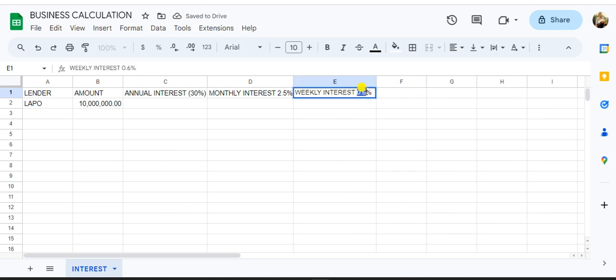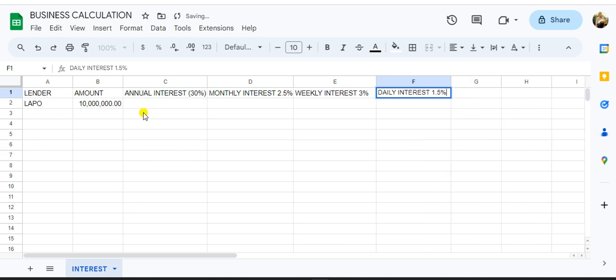Let's give weekly interest, let's say 3%. And daily interest, let's give it 1.5%. All right.